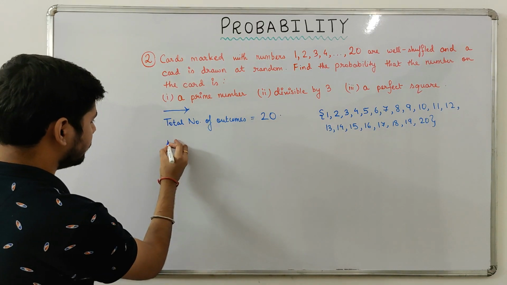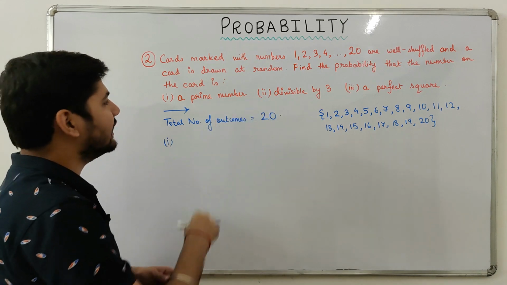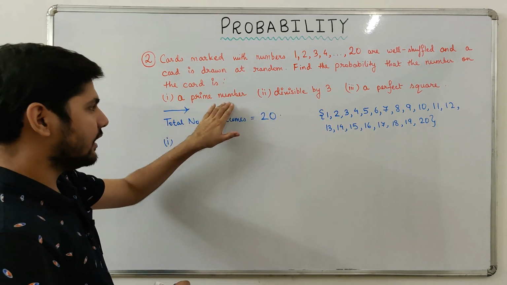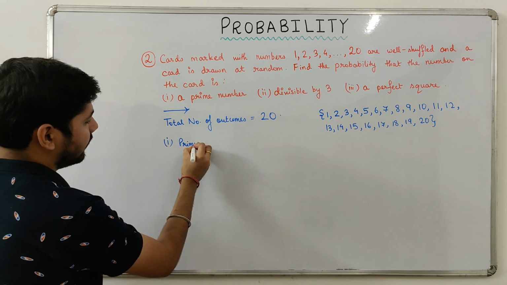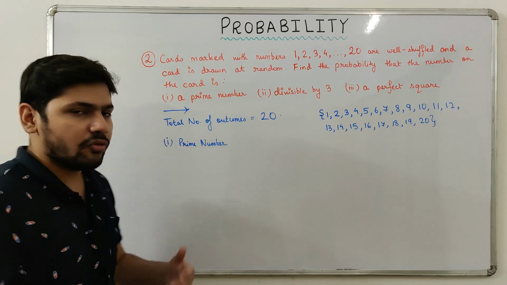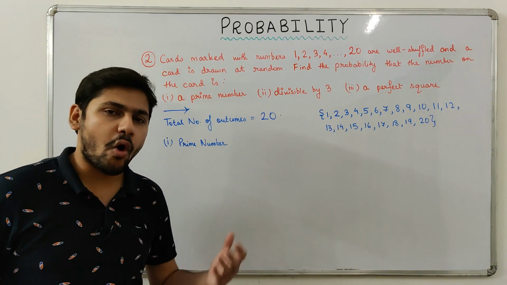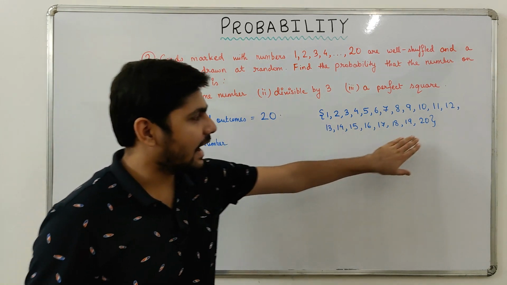Now, in the first one, we have to find the probability that the number on the card is a prime number. So, prime number. To find this, we have to find all the prime numbers that are present between 1 and 20.